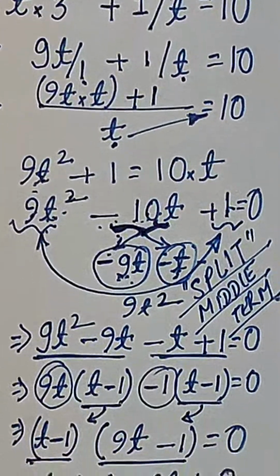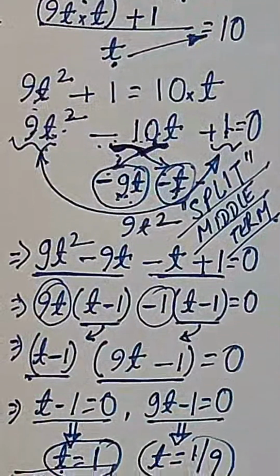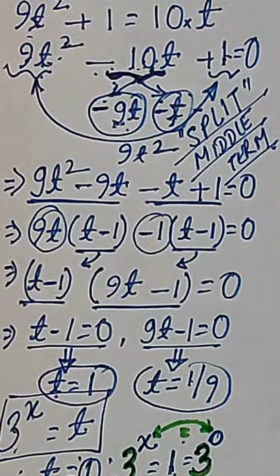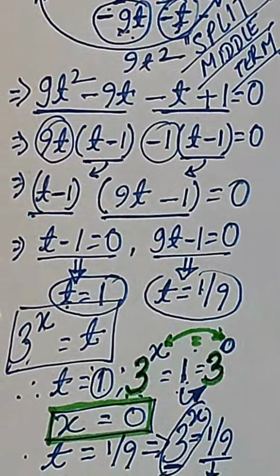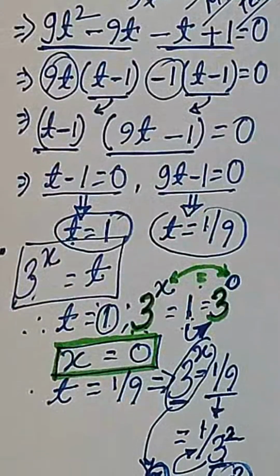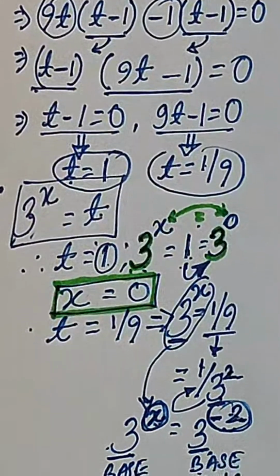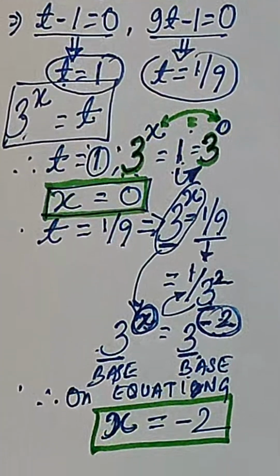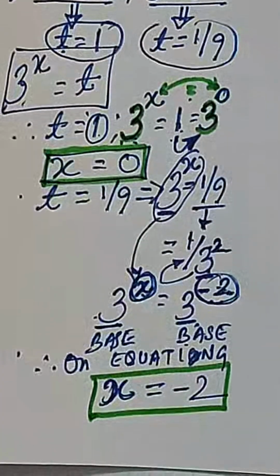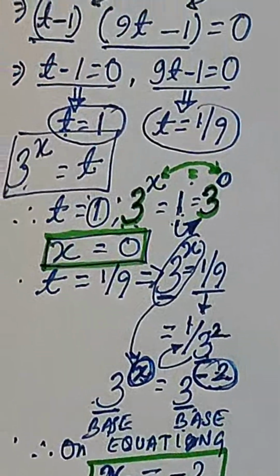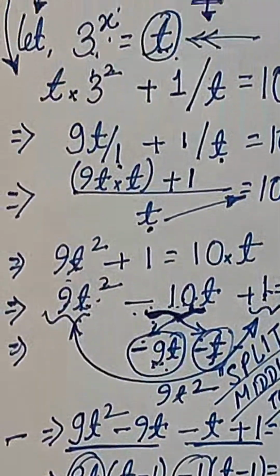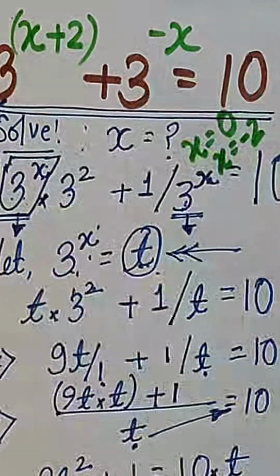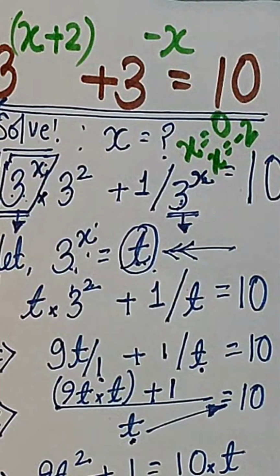If you find any doubt at any of the steps, let me know. These are the steps which have been followed, how we proceed forward and find the solutions of x. The two values, x equal to 0 and x equal to minus 2, are derived for the equation 3 power x plus 2 plus 3 power minus x equal to 10, my dear friends, right?